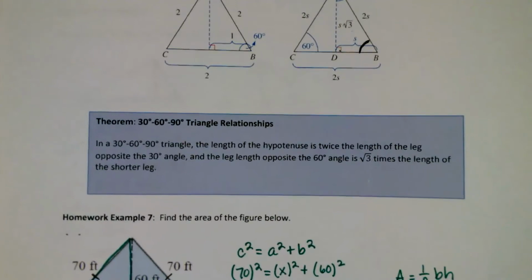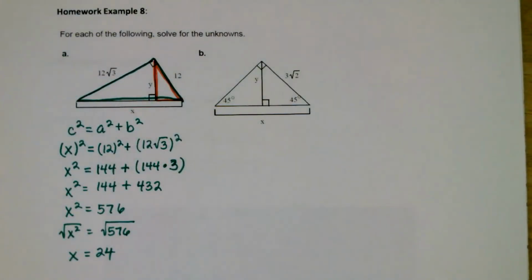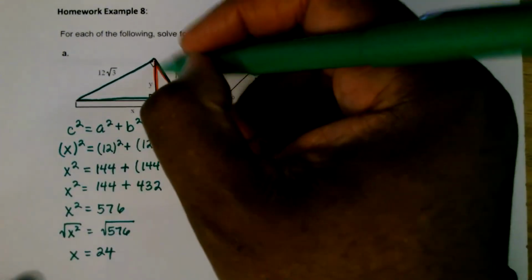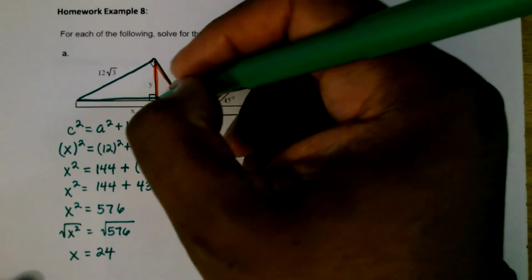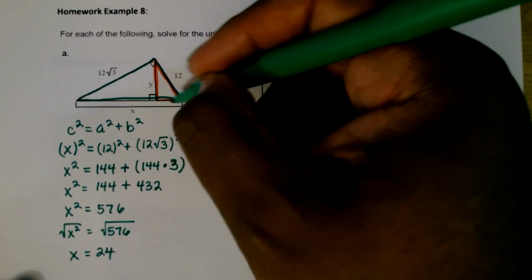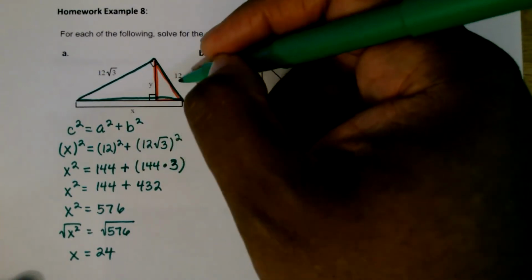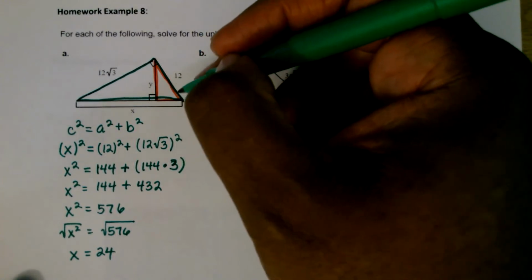And I'm going to show you how this is going to be done. I know the hypotenuse is 12. This leg right here is the short leg. That length is always going to be 1/2 the hypotenuse.